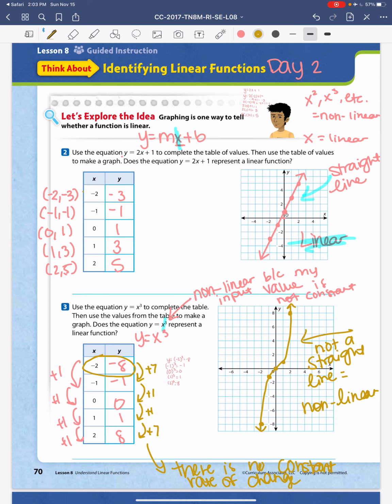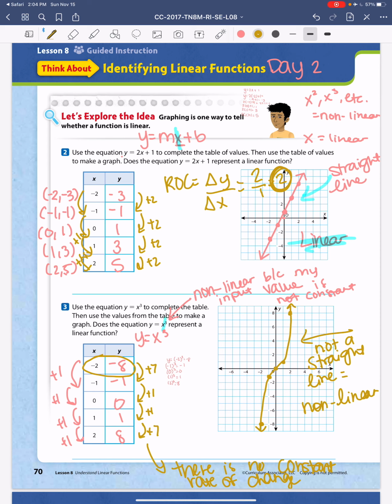My x values are always increasing by 1. To get from 1 to 2, add 1. 0 to 1, add 1. But then for my y's, negative 3 to negative 1, add 2. Negative 1 to positive 1, add 2. Continue adding 2. The rate of change is my change in y over my change in x, and that's going to be 2 over 1. So I get a constant rate of change of 2.